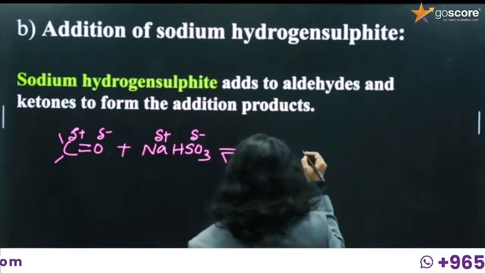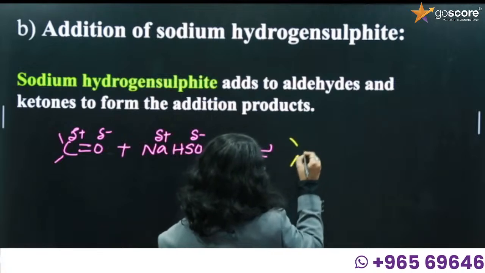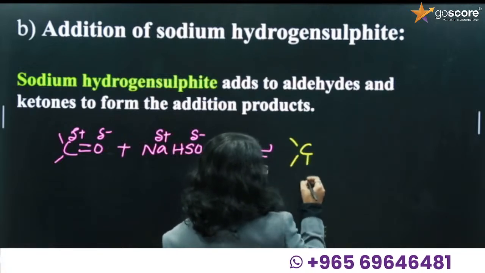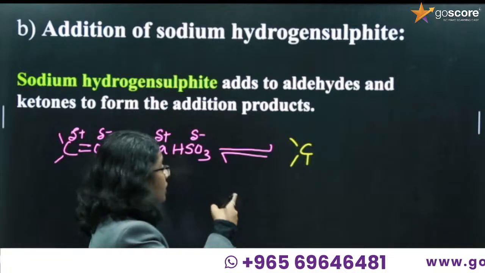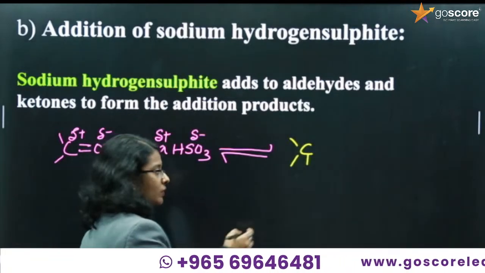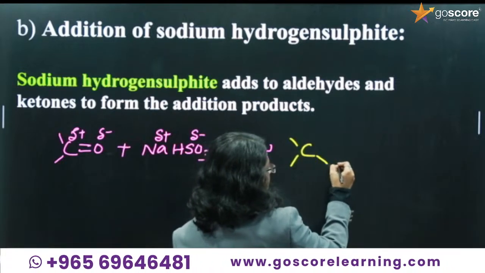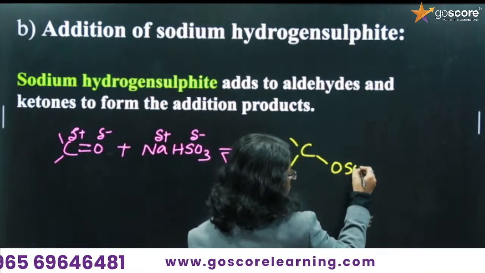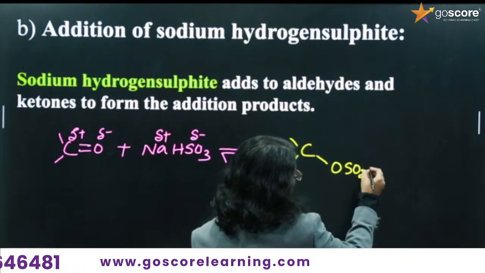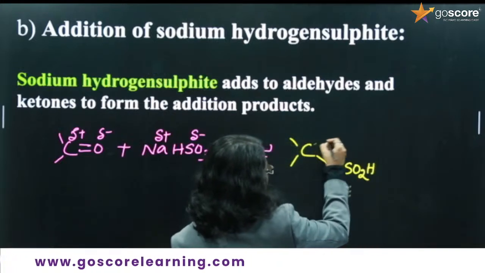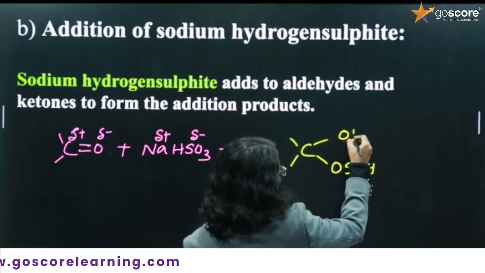So what is the product? Again, attach the SO3H, which is the nucleophile, so it will come as OSO2H and then ONa.